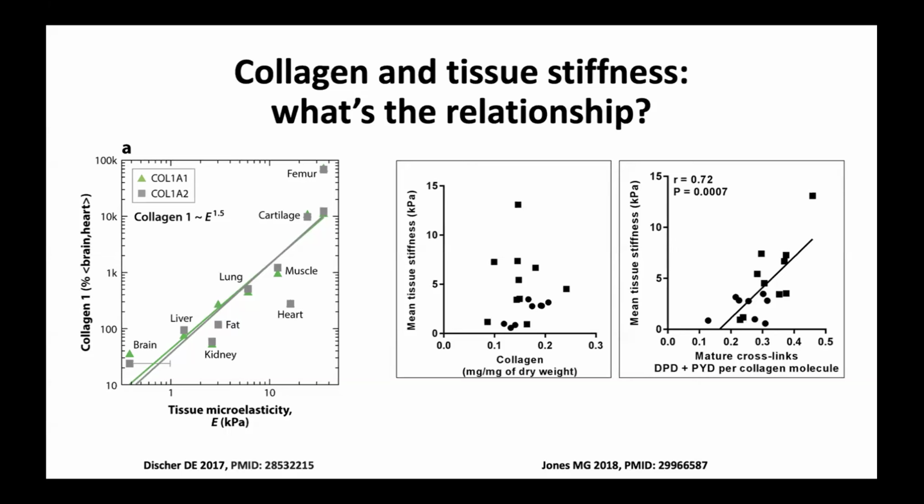So this is this diagram right here, and you can see there's no obvious relationship between the amount of collagen and the stiffness. And I would just say my group has done the same for the liver. There is just no relationship. But if you look at stiffness as a function of crosslinks, in this case lysyl oxidase mediated crosslinks, you can see it's a very nice linear relationship. So it's a combination of the amount of collagen and how that collagen is cross-linked and organized that determines tissue stiffness. That makes sense to everybody?